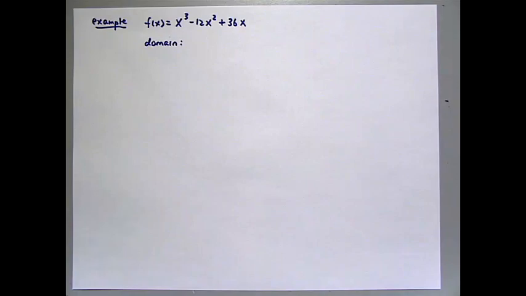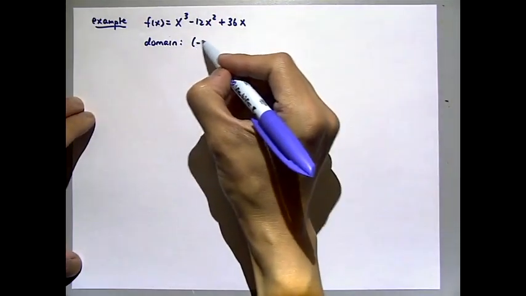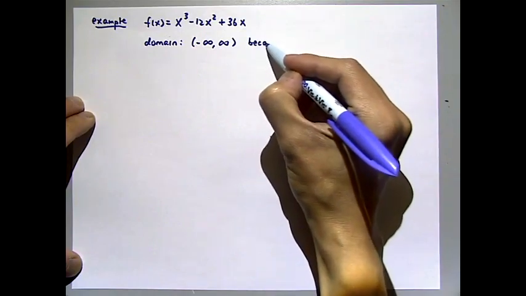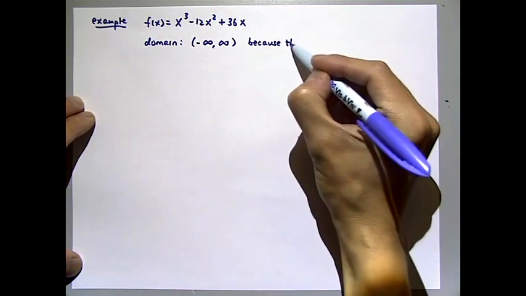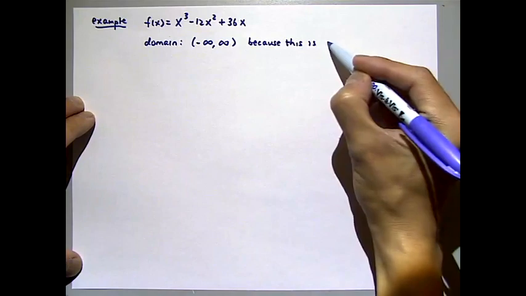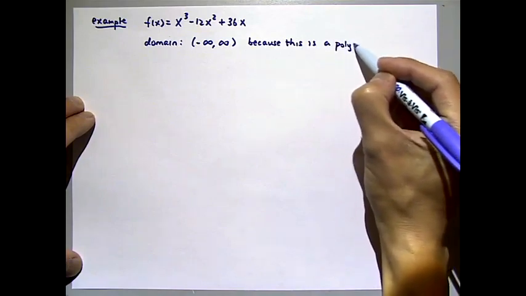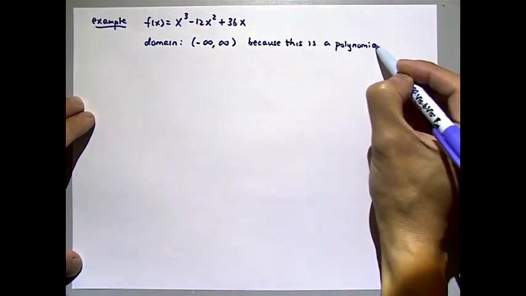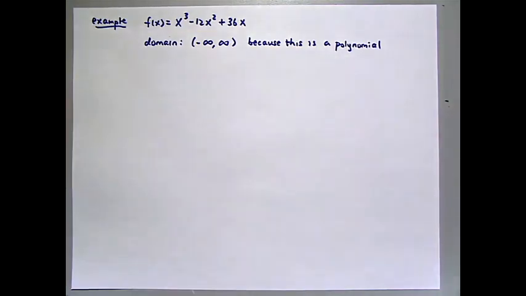It's always defined. So this really doesn't help us. We know it's going to exist everywhere for whatever value of x we can find. That's fine. Let's move on.